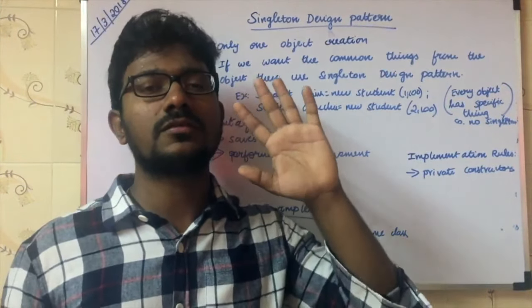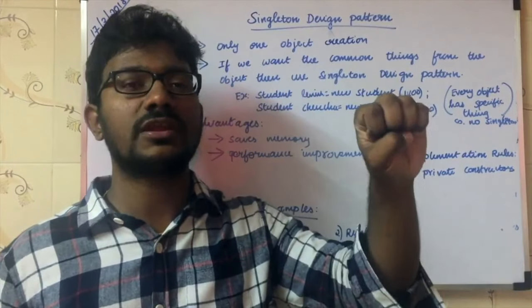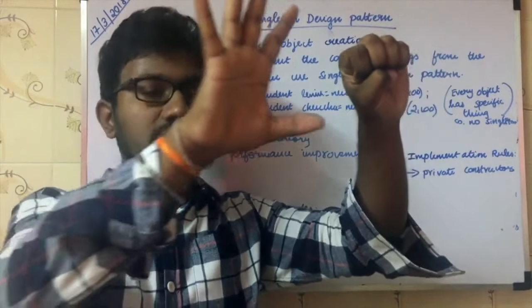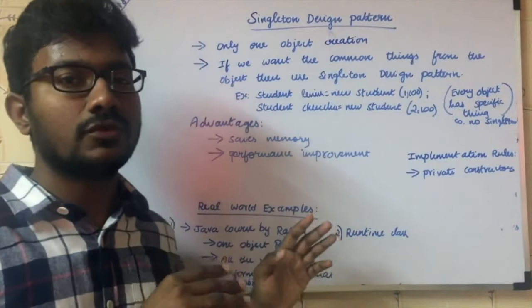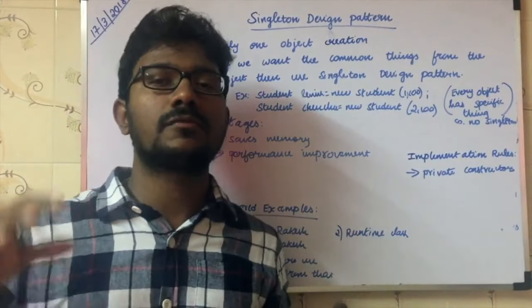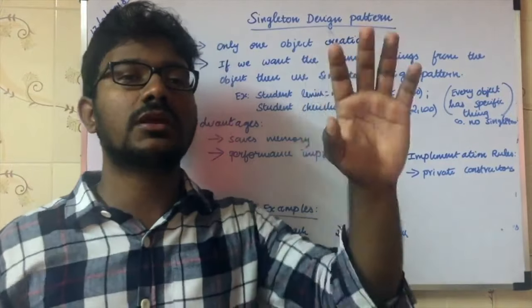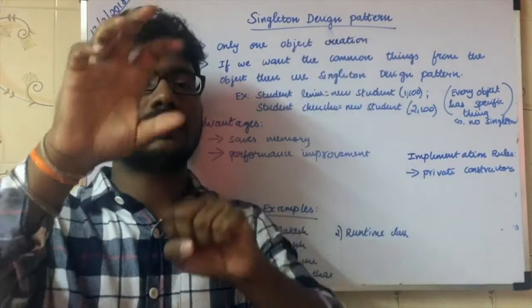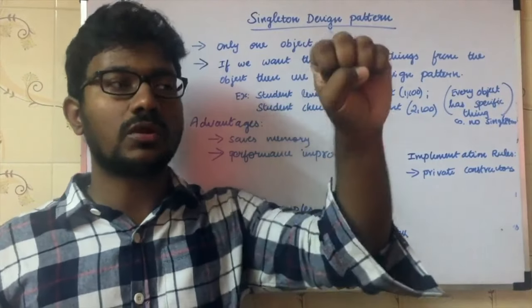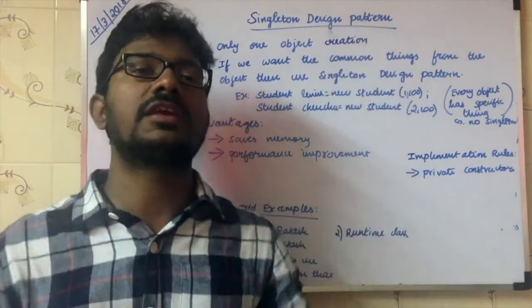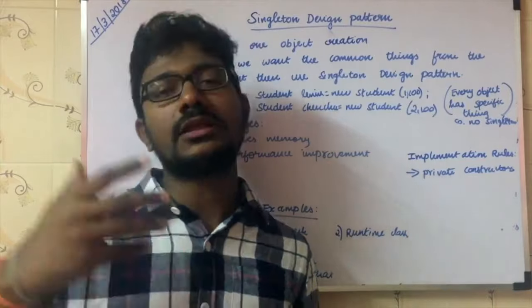Since the JVM allows only one-time object creation, it saves memory. In the previous part of the video, we discussed that if you want to create 5 objects, it consumes 5 objects' memory. But the JVM allows only one object for Singleton, so the remaining 4 objects' memory can be reused for other purposes.